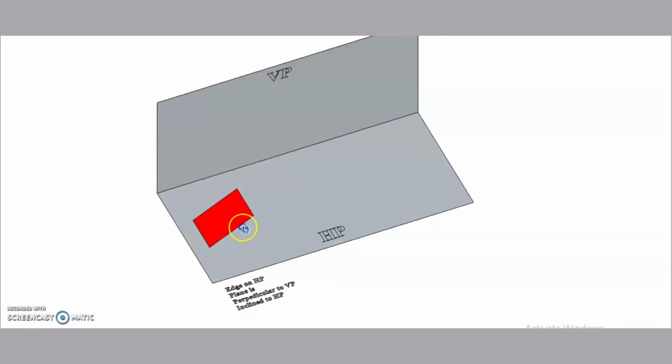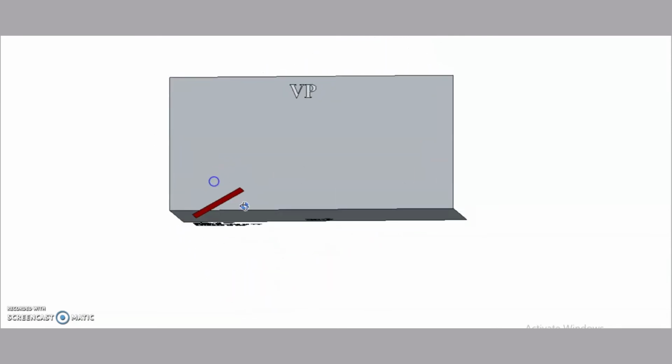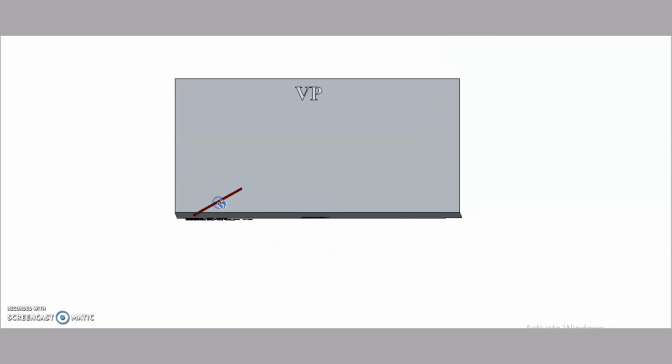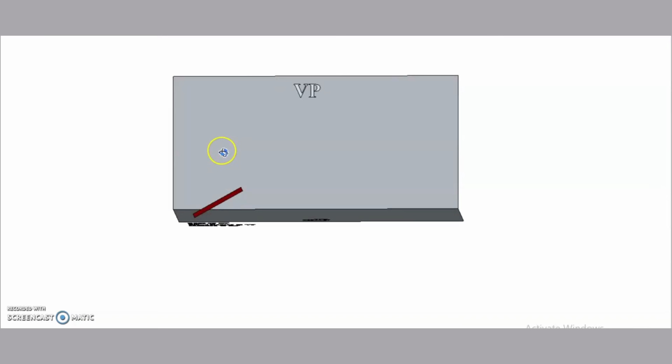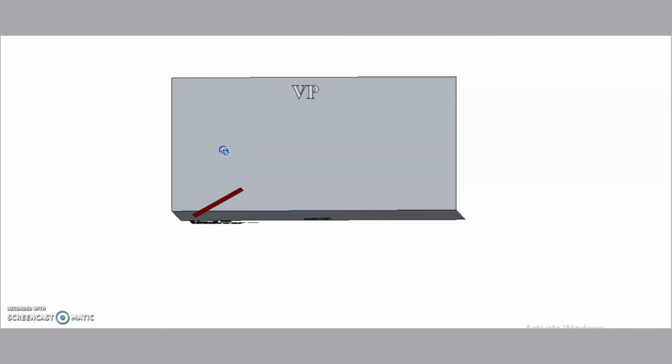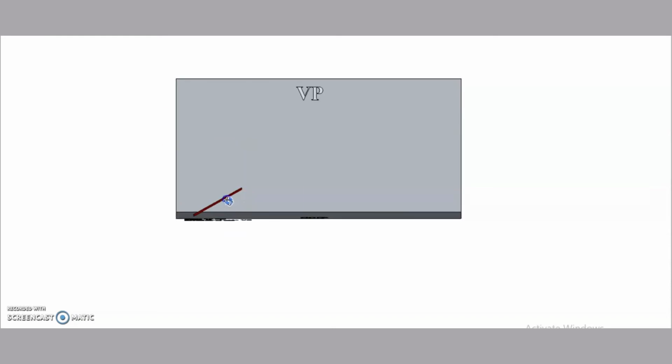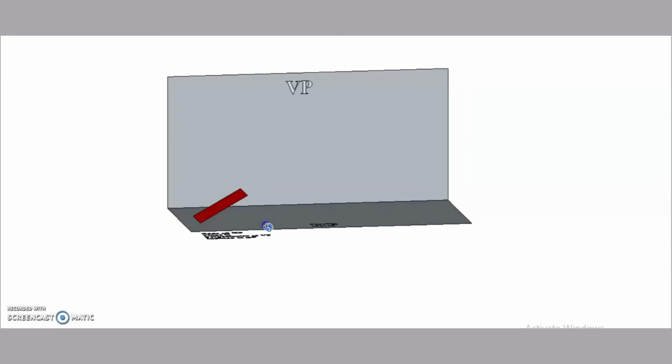Now the plane is inclined to HP at a given angle, that is theta, and this plane is perpendicular to VP. This is the final condition, and we have to draw its front view and top view.